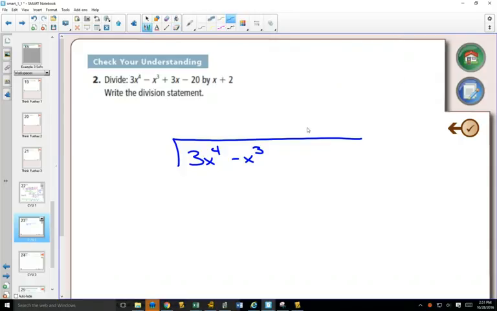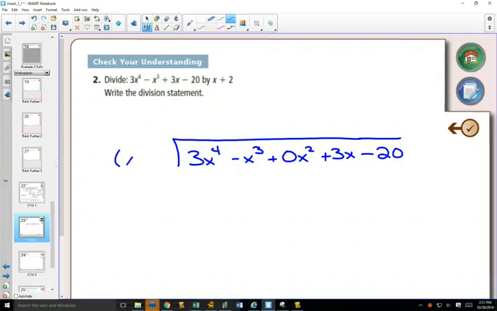With long division, with polynomials, if you're missing a power, notice there's no x squared, you still have to write it in with a 0. So the order matters, and if things are missing, we need to make sure that we have zeros in for them as well.